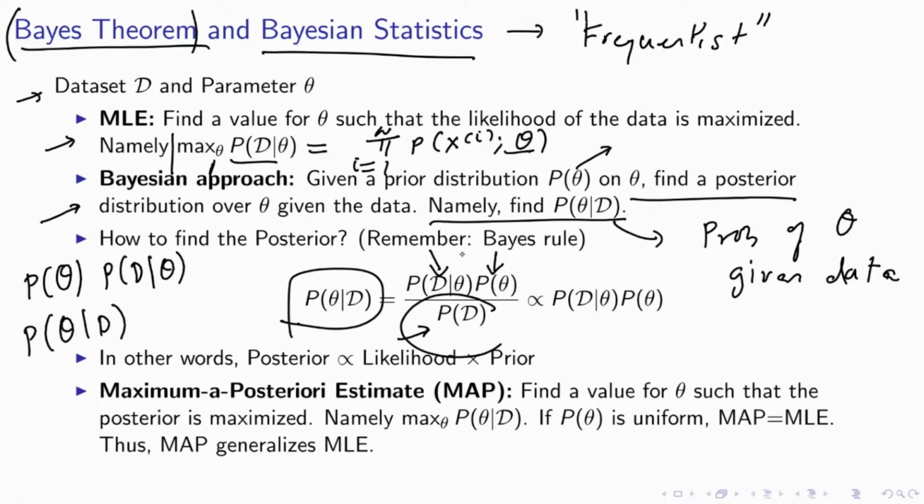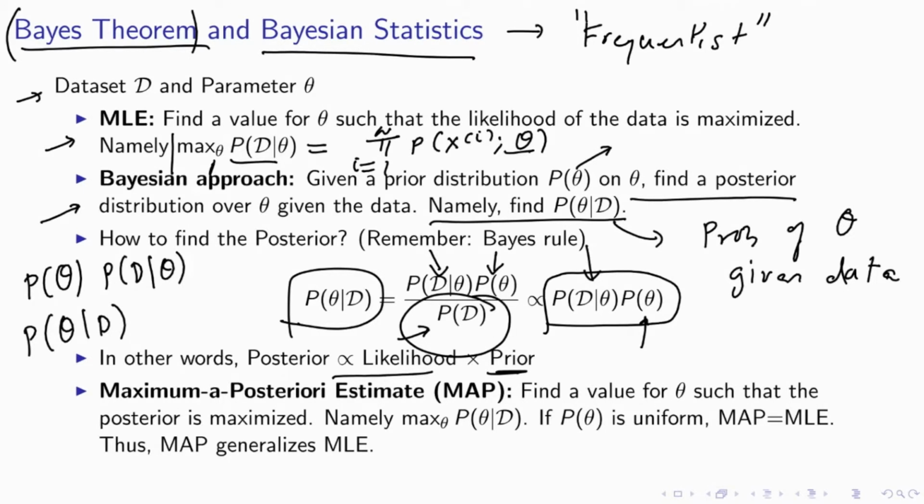Since the denominator is always a constant, we can safely ignore it when we are trying to estimate p of theta given data. Okay, and when we do that, it turns out that the posterior, which is probability of theta given data, is directly proportional to the likelihood times the prior.